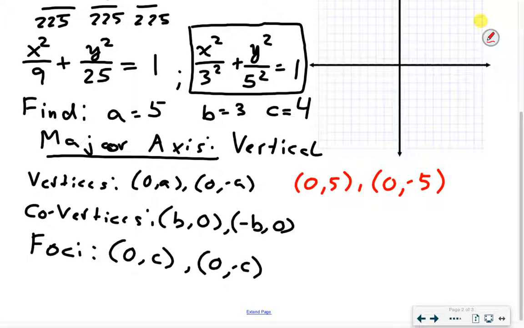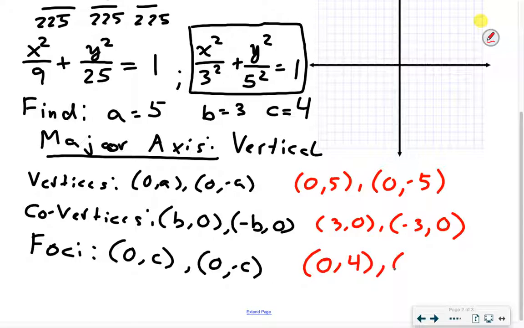What's my B value? 3. Therefore, it's going to be (3, 0) and (-3, 0). C value, if we wanted to, for the foci: (0, 4) and (0, -4).